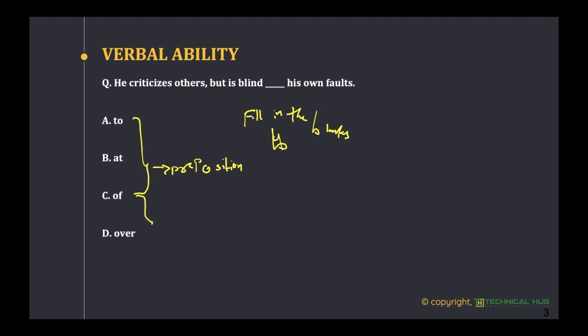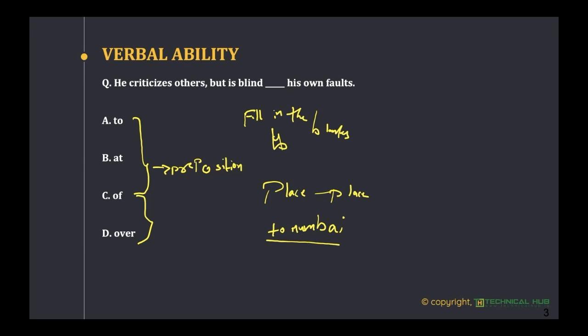So he criticizes others, but is blind dash his own faults. When you use to, there should be a change from place to place. I am traveling to Mumbai. Correct? That means the movement from one position to another position, then we use to.